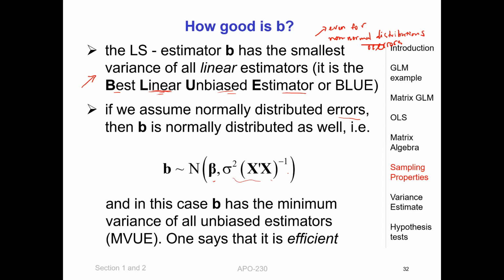And what is the difference from the one above, from the BLUE? Because here we also take into account all the non-linear estimators. So B beats all unbiased estimators, either linear or nonlinear, to become the most efficient one with the smallest variance.